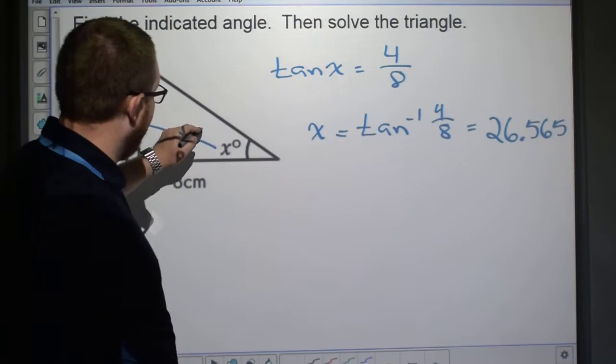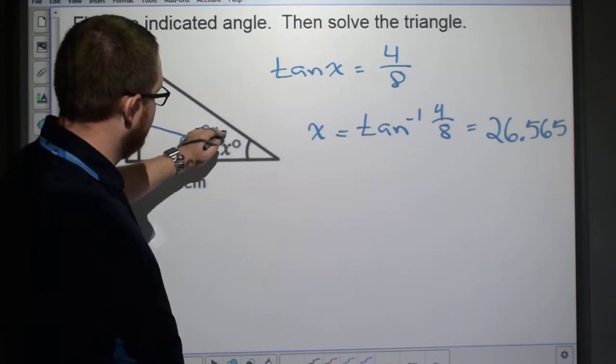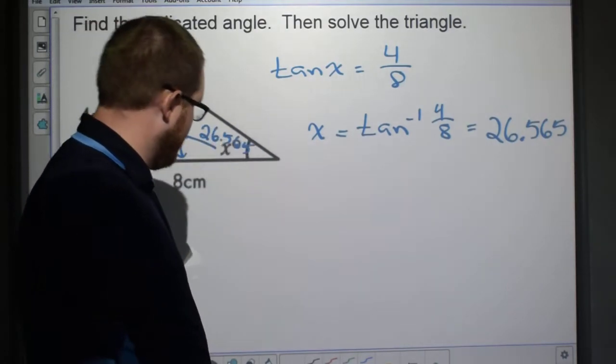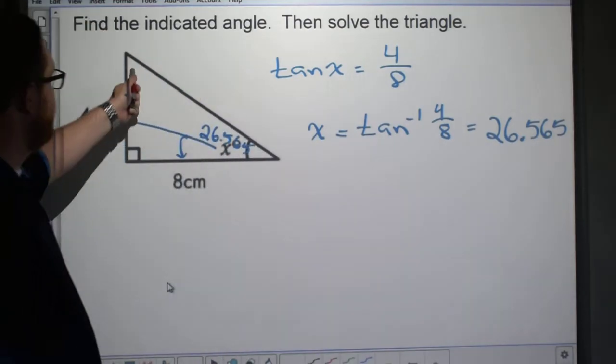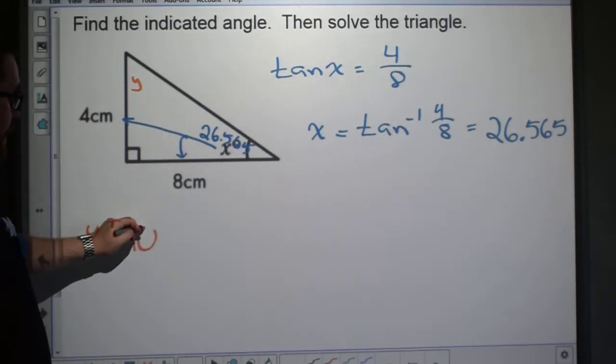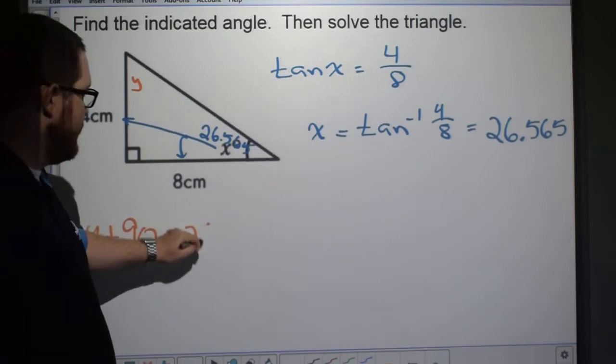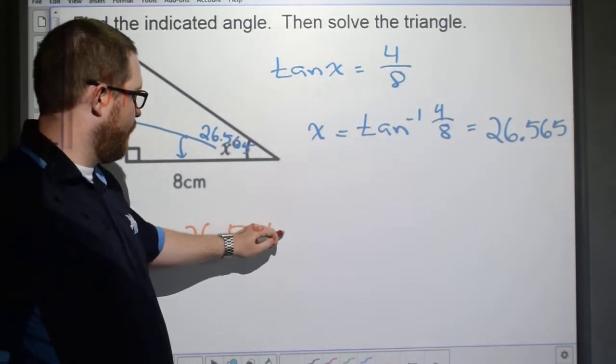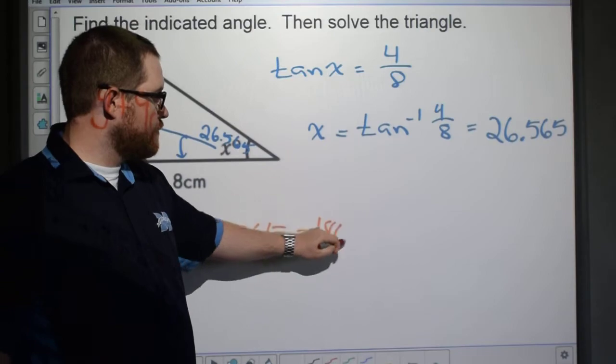Now, I need to find the other things. I need to find this angle right here. I'm not going to use trig, I'm going to use basic geometry. I know that the three angles of a triangle have to add up to make 180, and I know that one angle is y. I know this angle is 90, and I just found this angle to be 26.565. Has to equal 180.